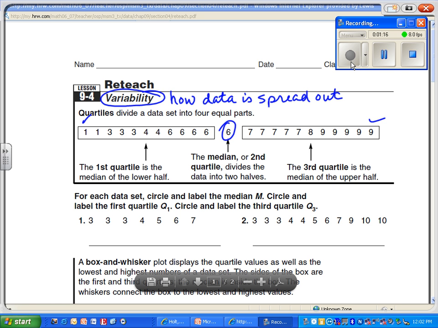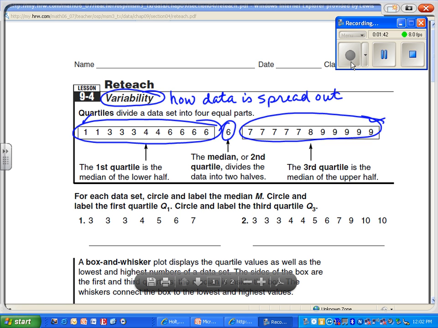Now, with variability and with a box and whisker, we're really concerned about how it's all spread out. After we find our median, we're going to separate our data into a lower half and an upper half. When we find our lower half, we want to find the median of our lower half.